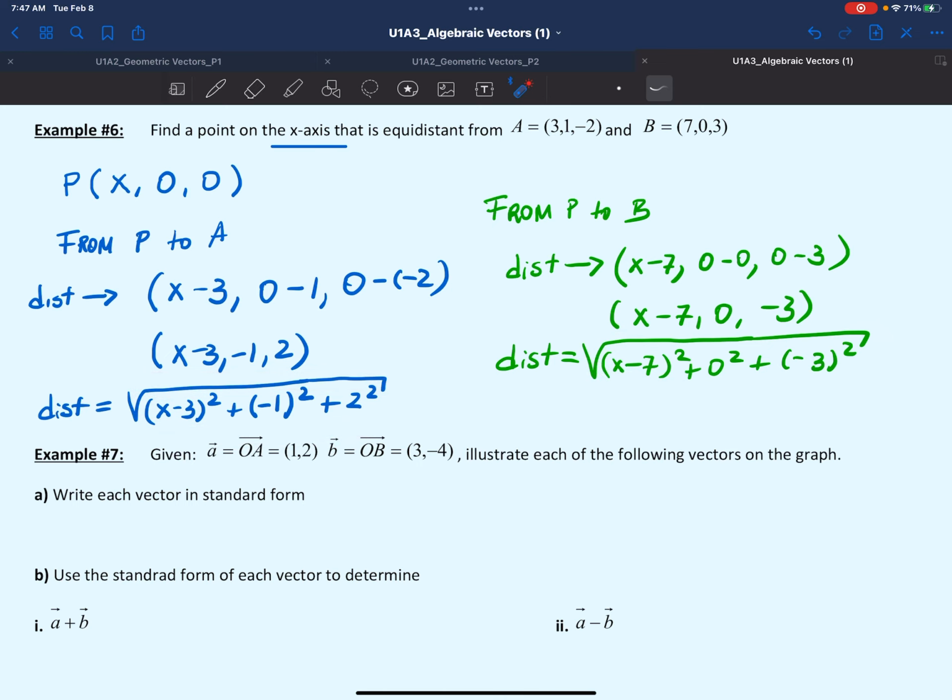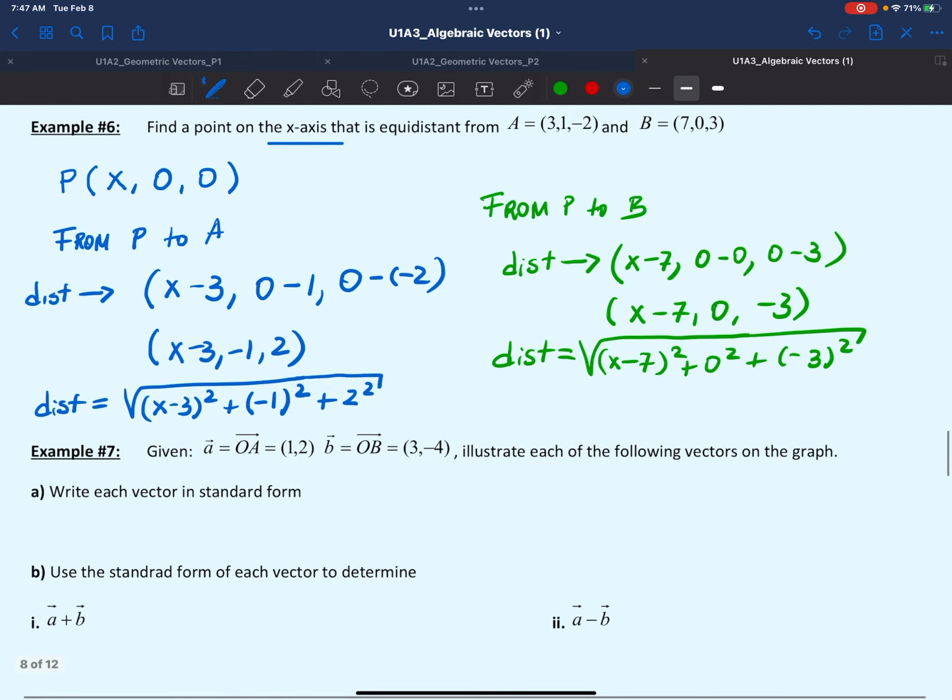So what we're going to do is simplify inside, and we'll have for the blue one x minus 3 squared, which I am going to write in expanded form, x squared minus 6x plus 9, plus -1 squared is plus 1, and 2 squared is 4. So this would be equal to x minus 7 squared, which is x squared, minus 14x plus 49, plus 0 squared is 0, and then plus 9.